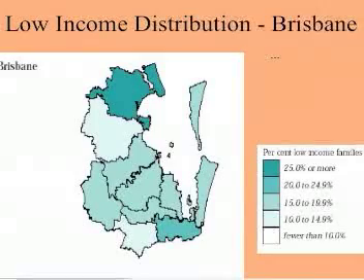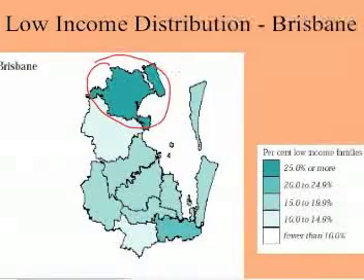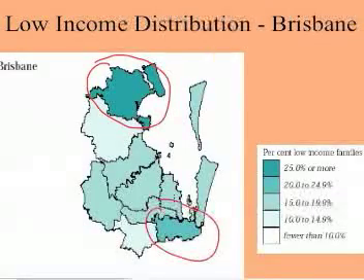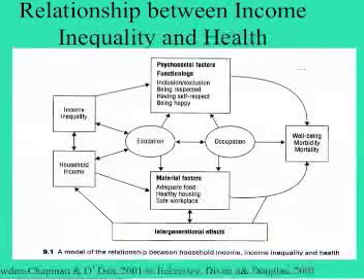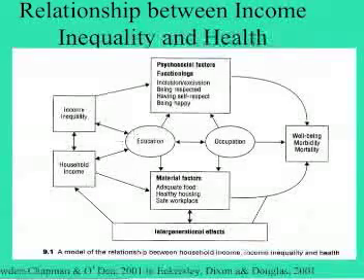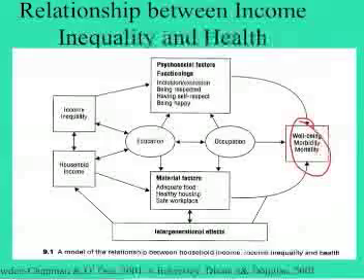Again, we looked at this area before, exactly the same areas that had high unemployment, so that north around Caboolture and south around Logan, where you would expect to find a lot of health issues. Again, just reminding you of this particular conceptual framework of how well-being can be affected by inequality.